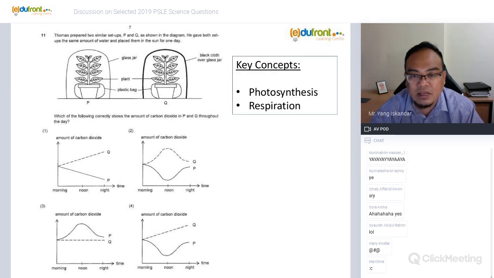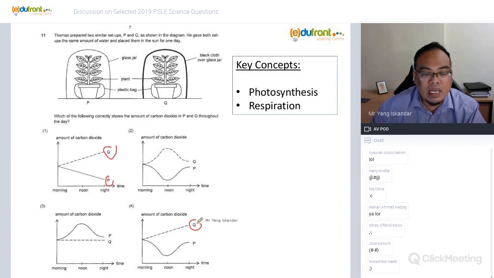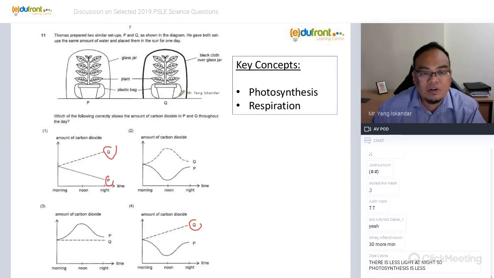So the key concept here, number 1 is photosynthesis, second is respiration. Now, can you explain why the answer is number 4? You see number 1 and number 4, right? The difference is P. Now, Q, no problem. There's no argument. Everybody knows that the amount of carbon dioxide will increase for Q. Why? Because there is a black cloth over the glass jar.